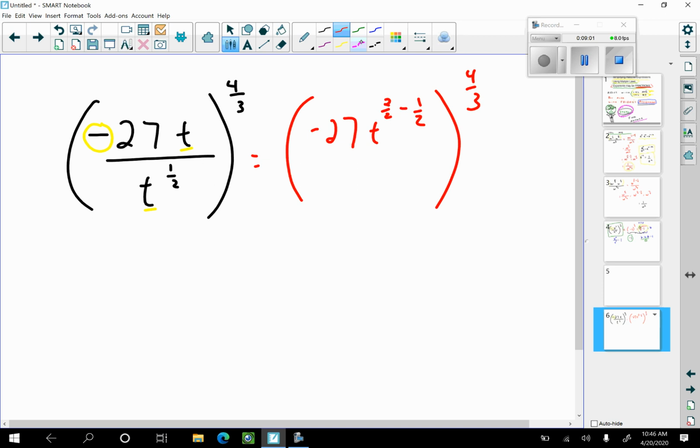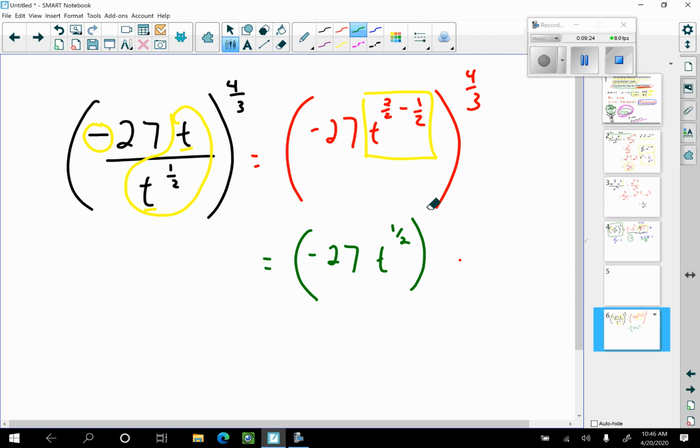Don't forget. So this portion right here was dealing with t to the 1, which is 2 over 2 minus 1/2. We know 2/2 minus 1/2 is 1/2. So this then becomes, in parentheses, ladies and gentlemen, t to the 1/2.